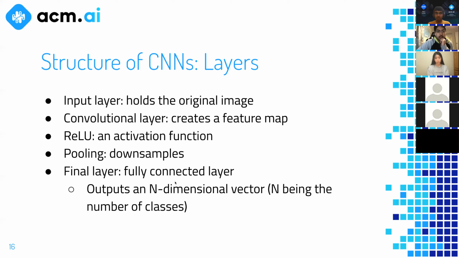This layer takes all the stuff from before and classifies it into a certain class. For example, if you have n classes, we output an n-dimensional vector, and whichever slot in the vector has the highest value might be the class you're predicting.